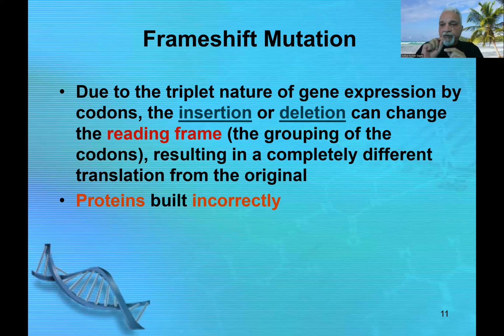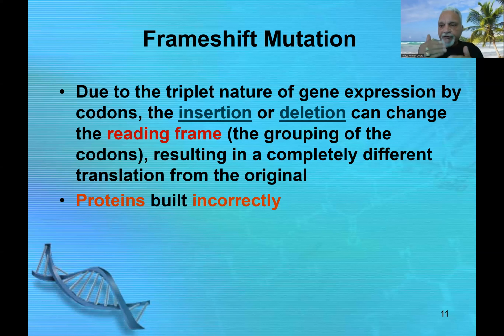So if you remove or add anything, it changes the reading frame, that is, how the messages are read. If you add an additional nucleotide or remove one, the reading frame is changed.